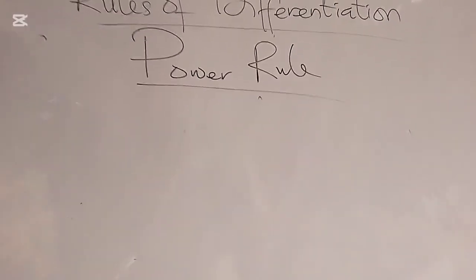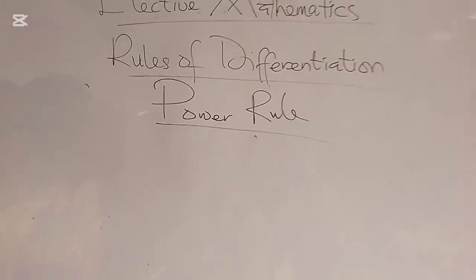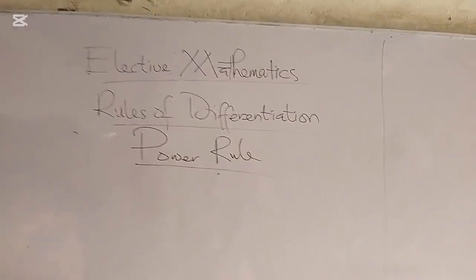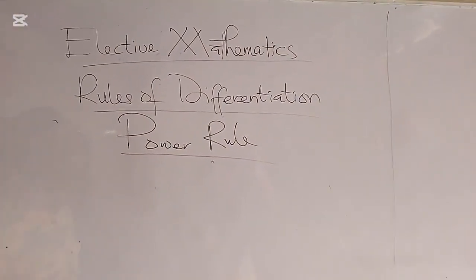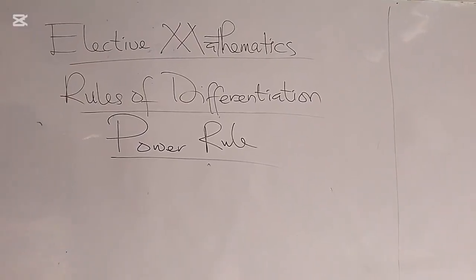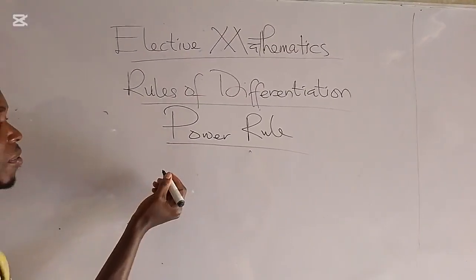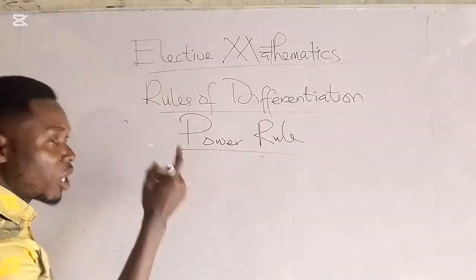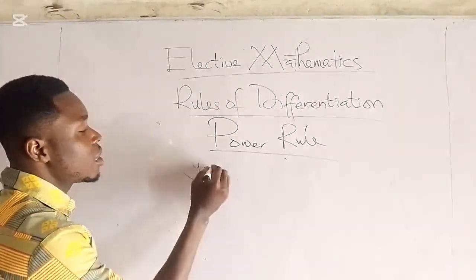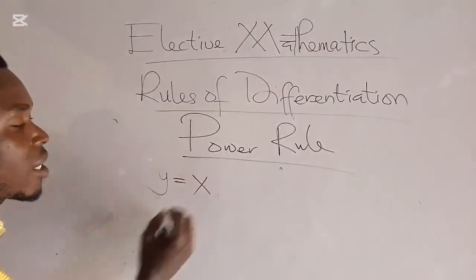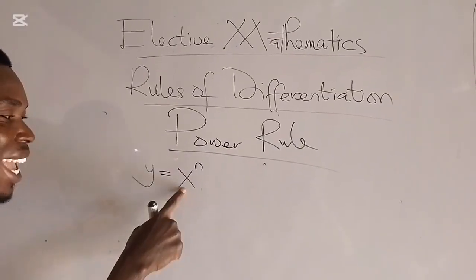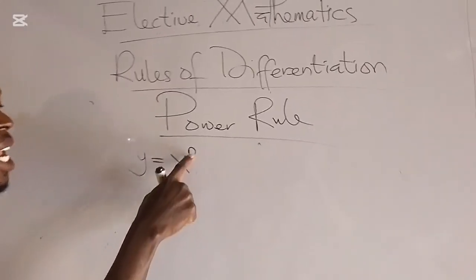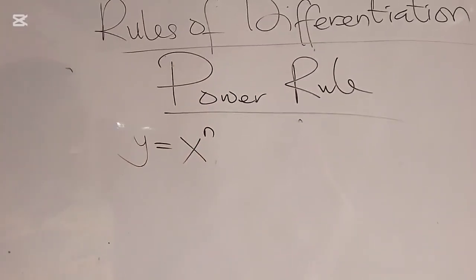So this is the first differentiation rule that we are going to look at. How is it used as far as questions concerning differentiation is concerned? For instance, if a question is given to you, or let's use variables, if y is equal to x exponent n, we know that x is the base and n is the exponent.